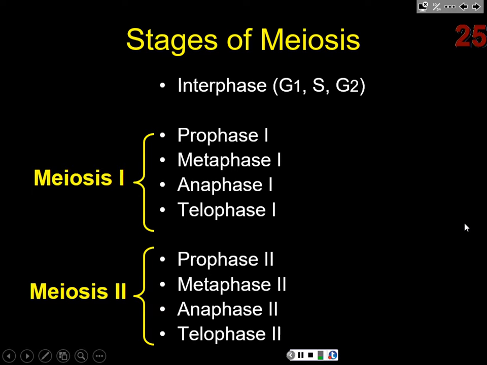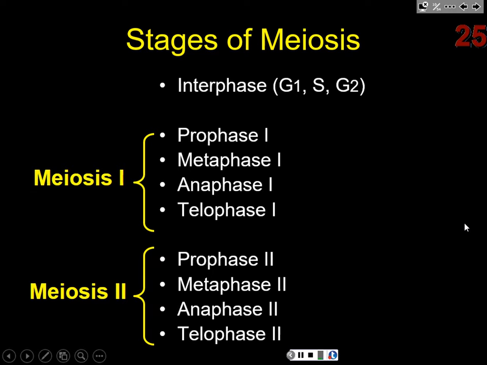So now we've just got to talk about what it is happening to. What's lining up in the middle? What's being separated? Okay? So remember, we started this with a genetically normal diploid cell, with replicated condensed chromosomes, right?